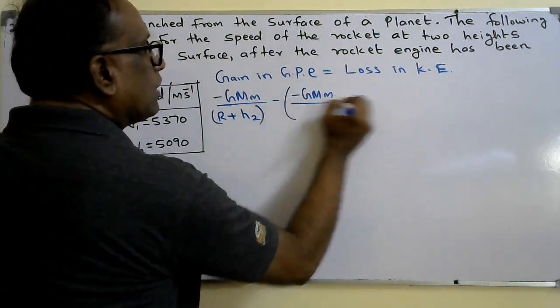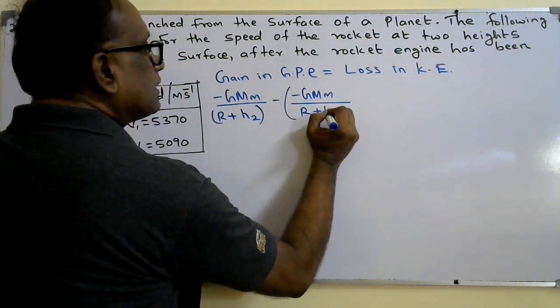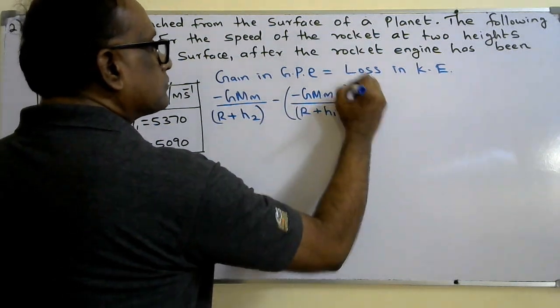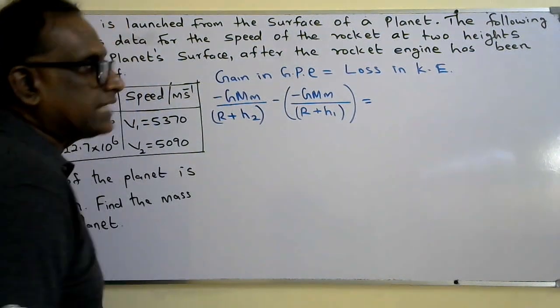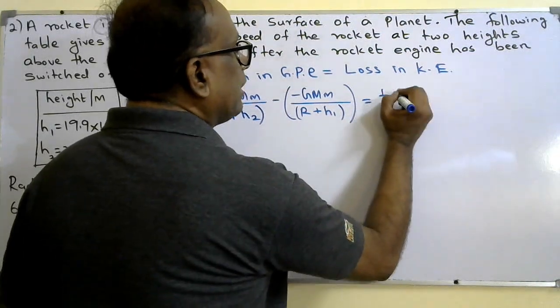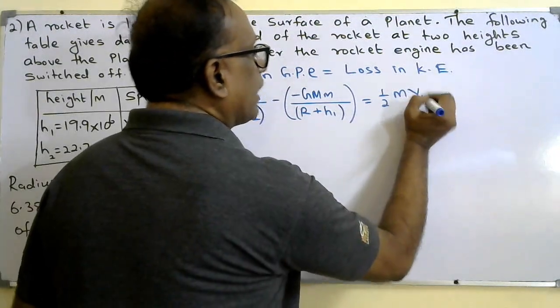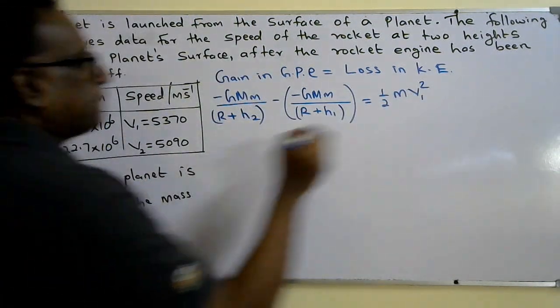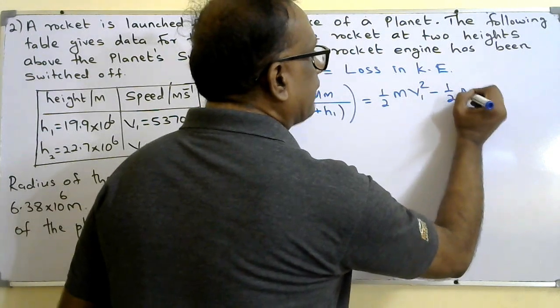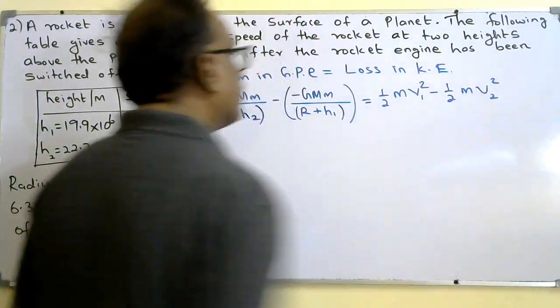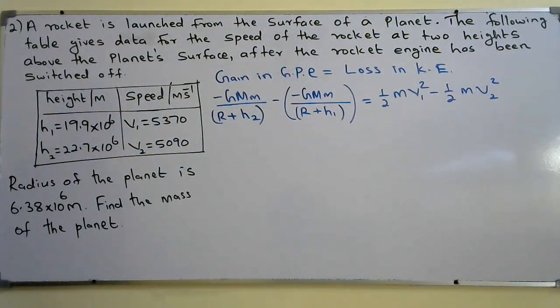that is equal to loss in kinetic energy, half m V1 squared, the initial kinetic energy, that is given here, minus half m V2 squared. Okay, we'll substitute. Here minus into minus is plus.